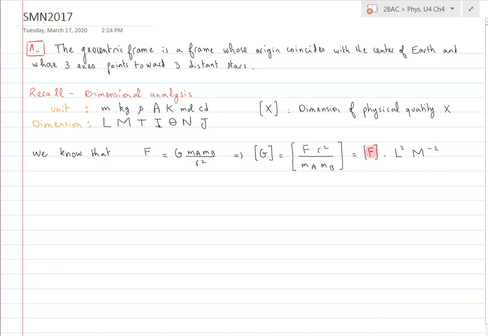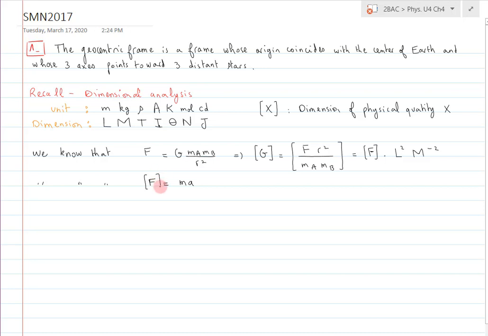The dimension of F can be expressed in terms of these, but its unit is Newton, so it isn't listed here. So I have to find an equation in which F occurs. We know from Newton's second law that F is equal to ma.